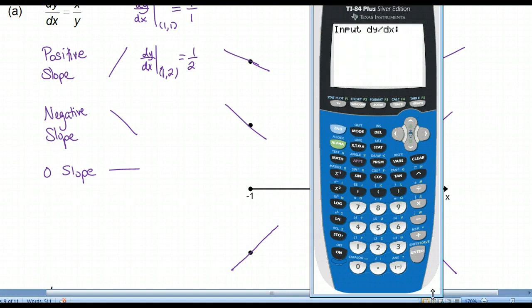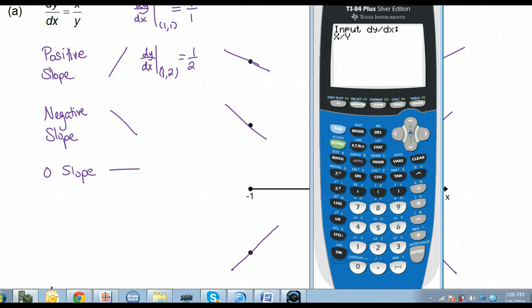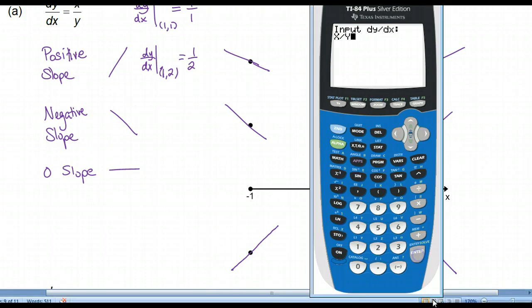You do x divided by y. You see down here above number 1, you have a green y. So I'm going to press alpha, y, and that will get me my y variable. Press enter.